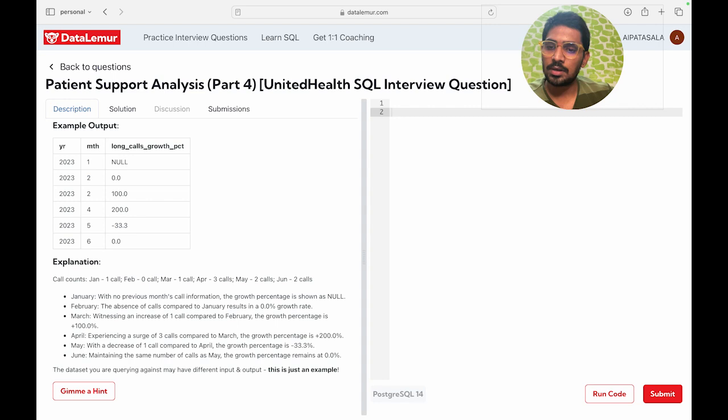April soars to three calls compared to March, so the growth percentage is 200. The increase is one call. Then a decrease of one call compared to April, the growth percentage is minus 33.3, which is 1 divided by 3 of the previous month's number of calls.